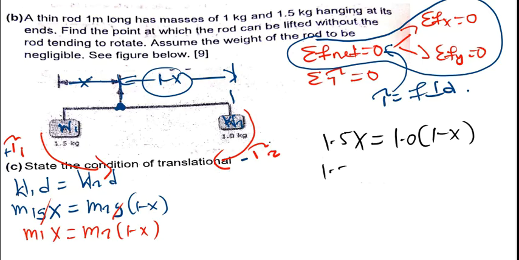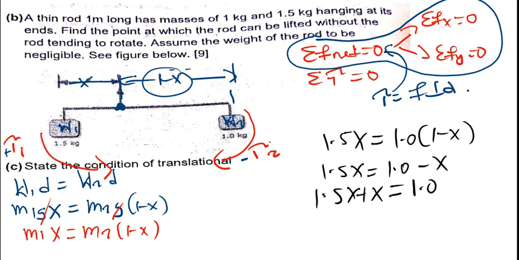So it will be 1.5 X being equal to, if I multiply this, 1.0 times 1, then we'll have minus X. Shift this to the other side, it will be 1.5 X plus X being equal to 1.0. If we add these two, we'll get 2.5 X being equal to 1.0.